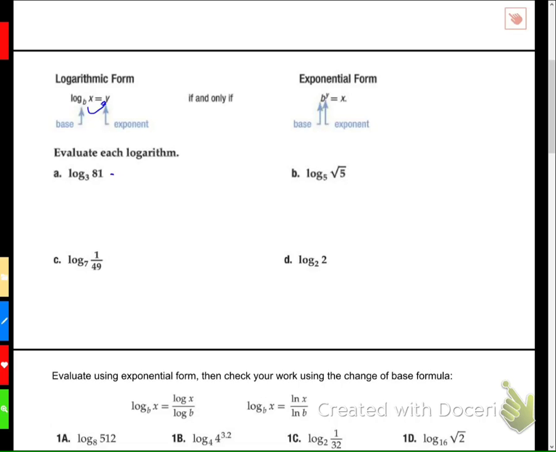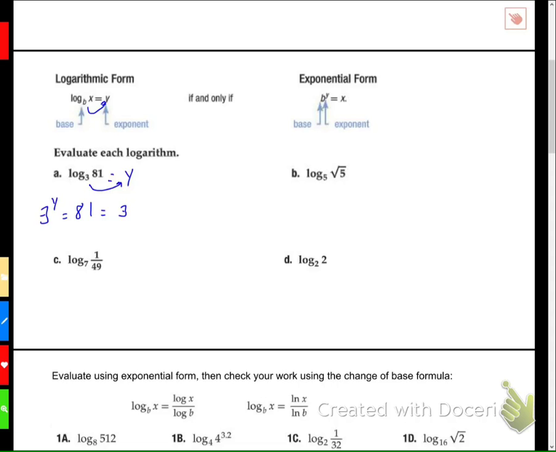So for this first problem here, we want to write equals y. The 3 comes up underneath the y, leaving us with 3 to the y equals whatever was on the inside, and that is 81. Now I need to ask, can I think of some power that 3 could be raised to that would give us 81?